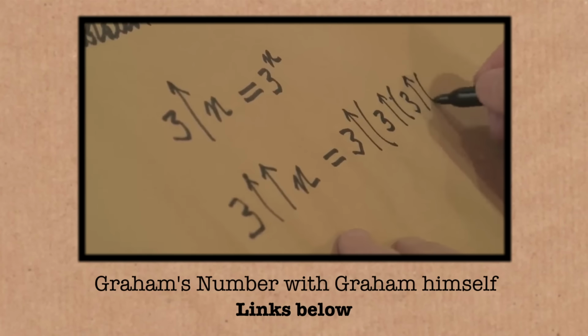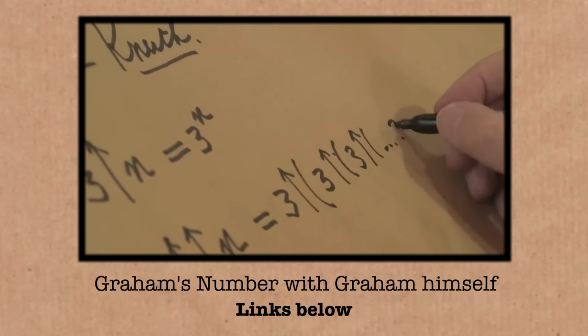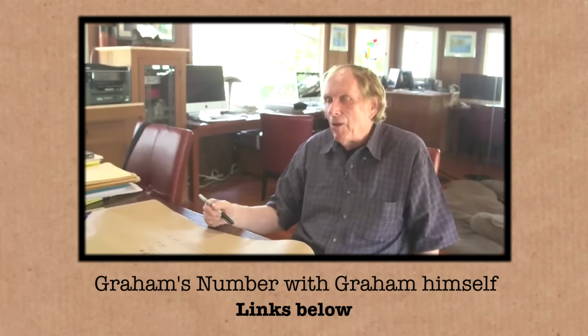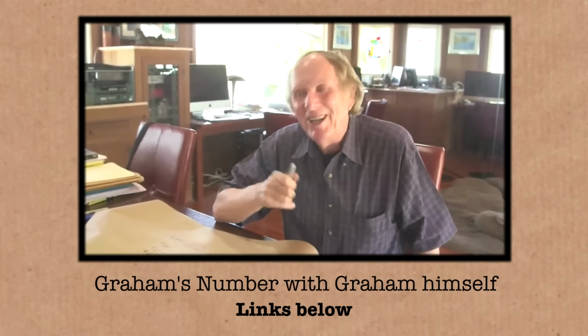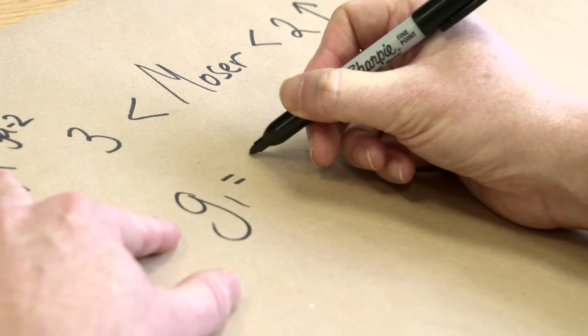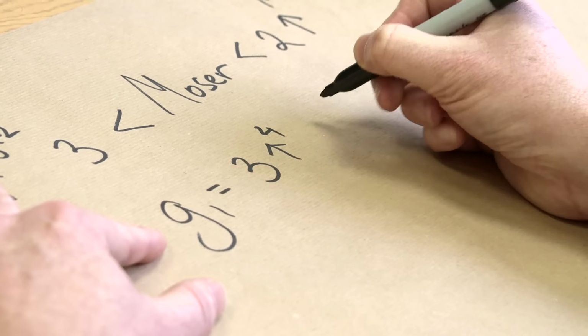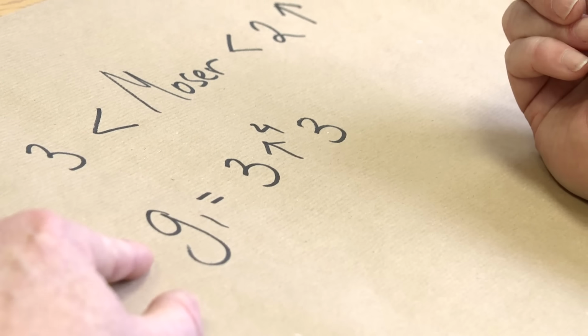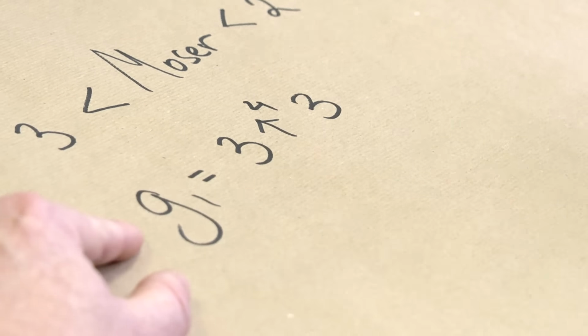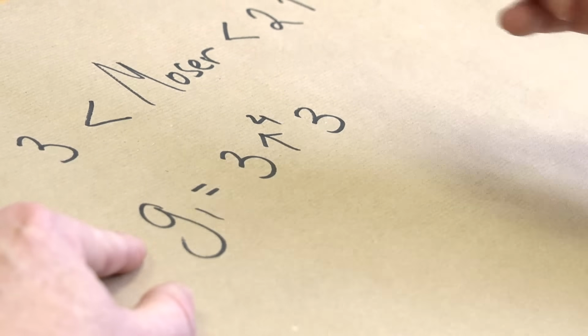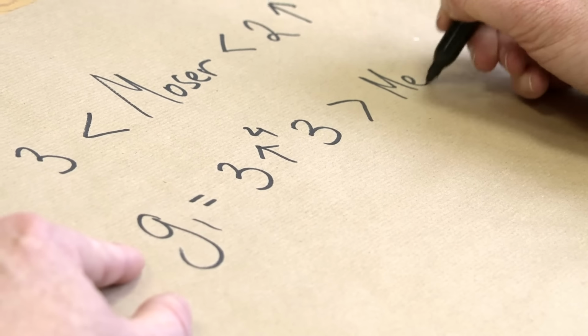We can see it quite easily, though this is maybe a bit more for experts. When we constructed Graham's number, one of the things we did was construct G1, which was 3, then 4 arrows, 3. If you compare this to our bounds for mega, this is much bigger than mega.